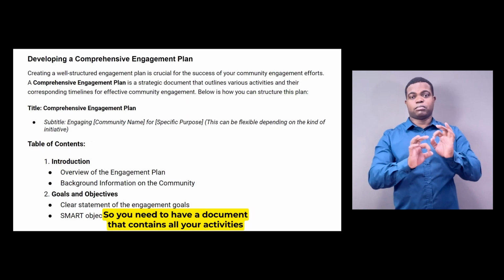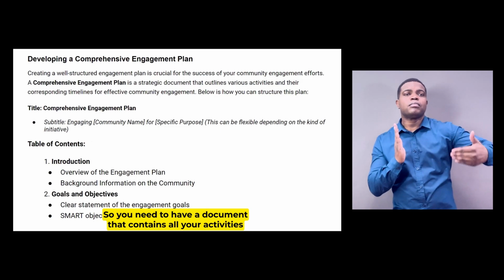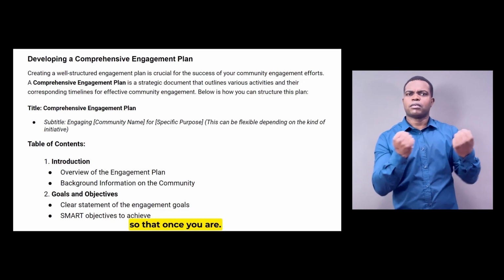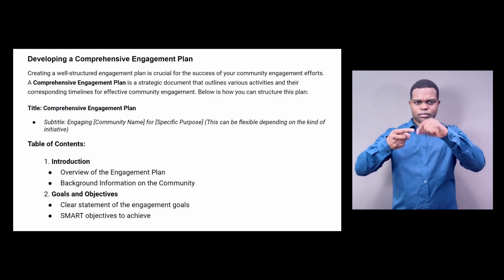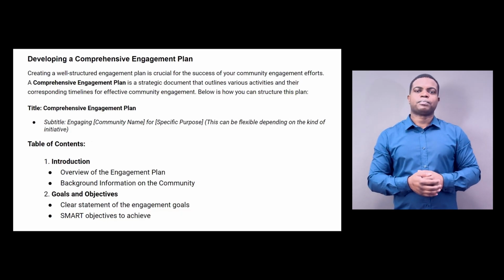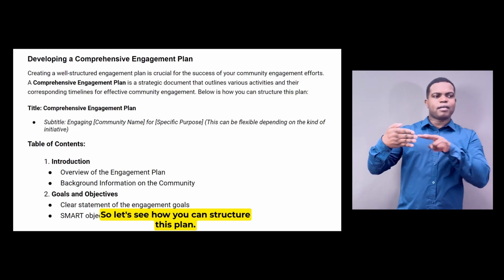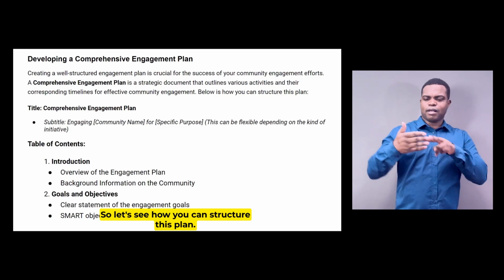You need a document that contains all your activities so that once you are implementing these activities, you have a document that is guiding you. So let's see how you can structure this plan.